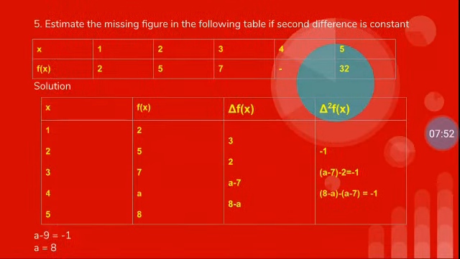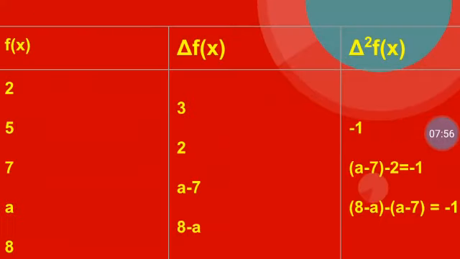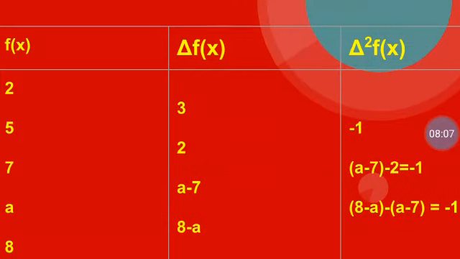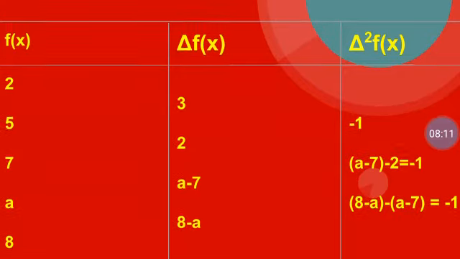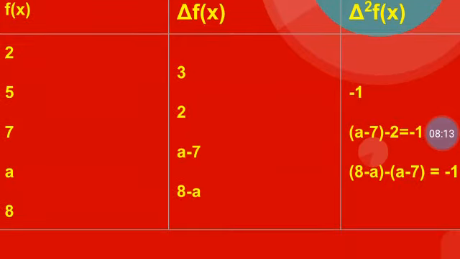Now here we have the difference again. If you see here, 2 minus 3 is minus 1. a minus 7 minus 2 will give you a minus 9. And again 8 minus a minus a minus 7 will give you minus 8 plus 7, that is 15 minus 2a.